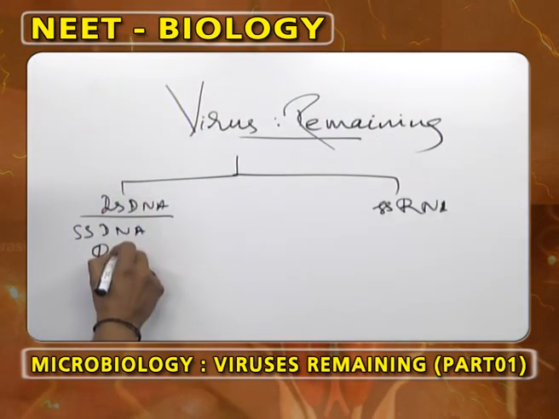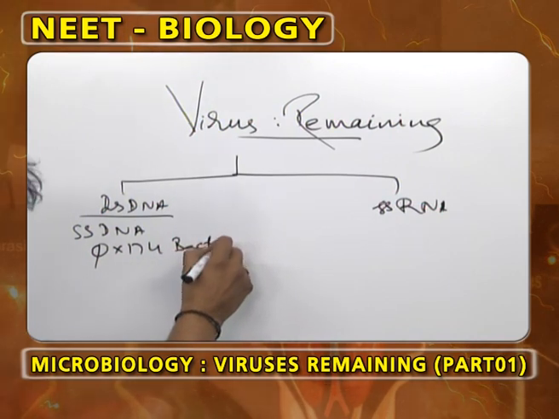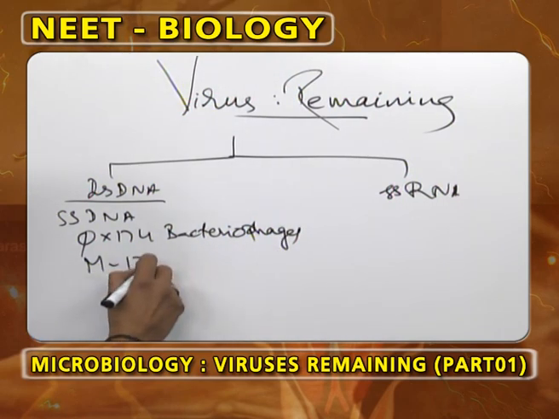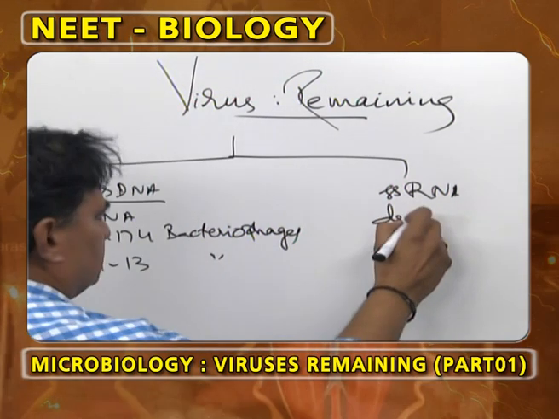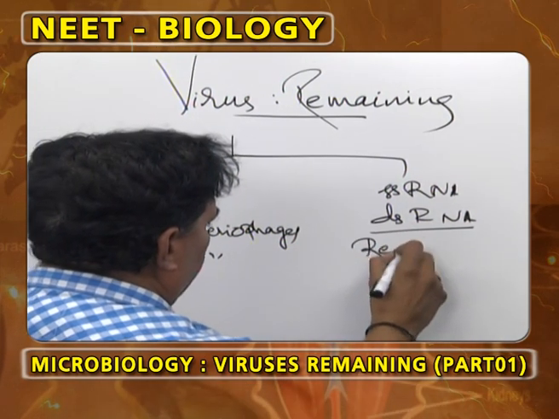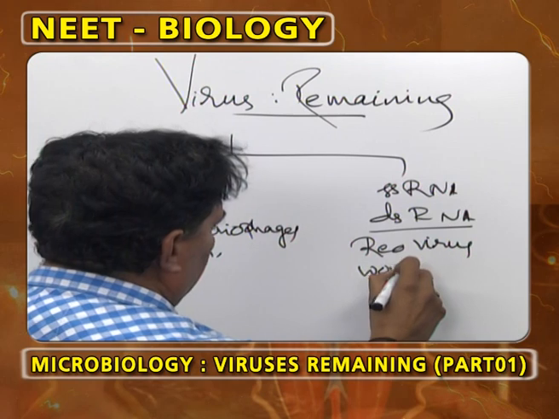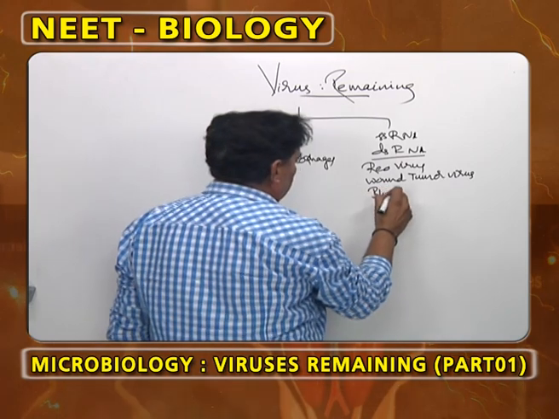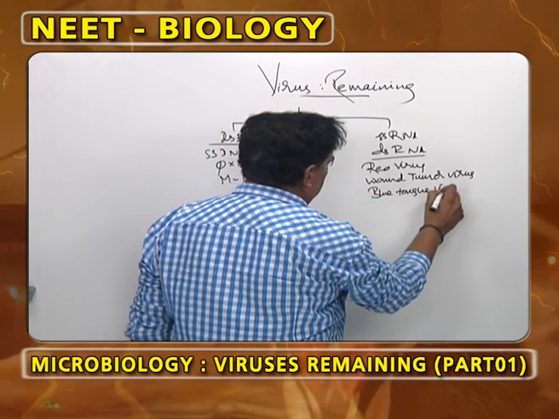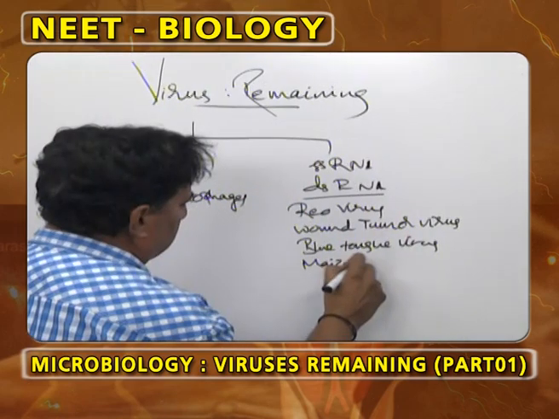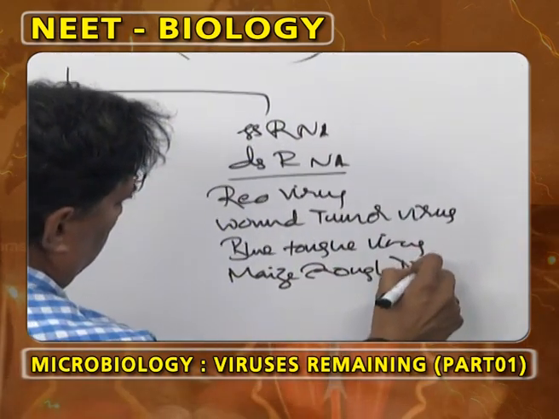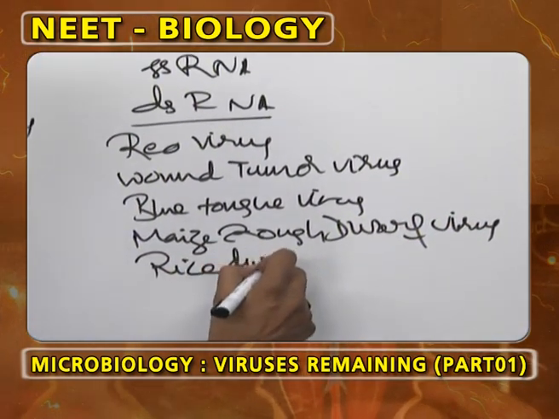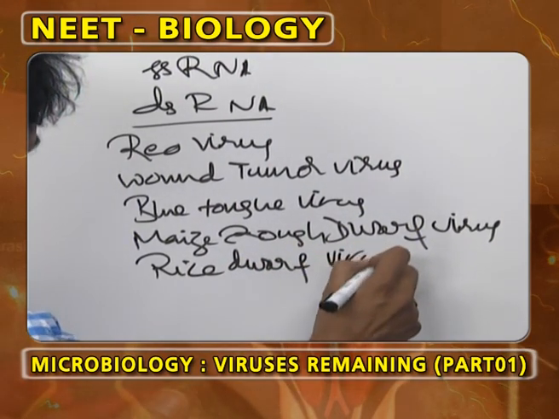They are phi X 174 bacteriophages and M13 bacteriophages. There are some with double stranded RNA. They are reovirus, wound tumor virus, blue tongue virus, maize rough dwarf virus, rice dwarf virus and others.